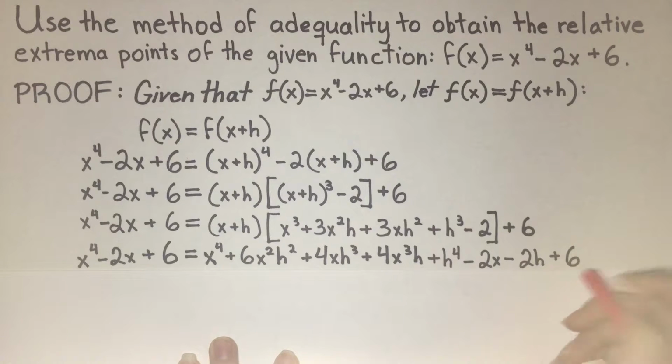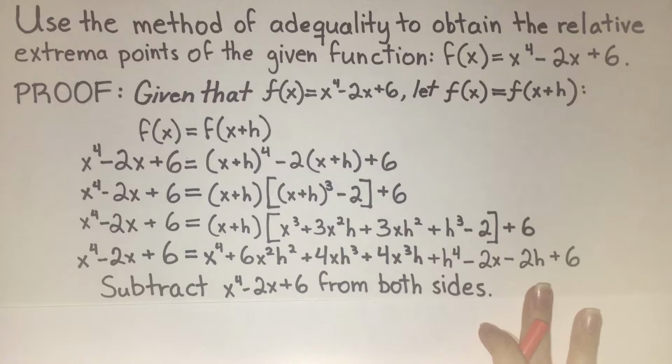Alright, now the first thing we want to do is subtract the original function from both sides, x to the fourth minus 2x plus 6, in order to have 0 on one side.